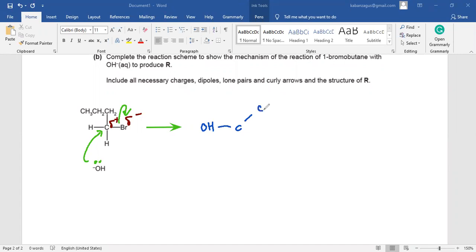All right. So to simplify, I can put this one as C3H7, but then I just copy that one.